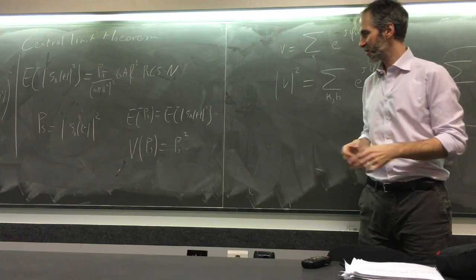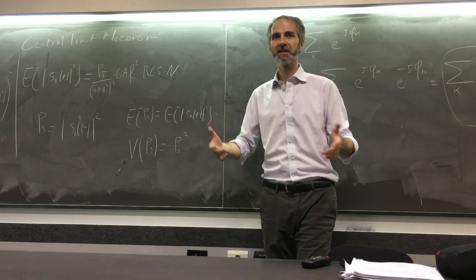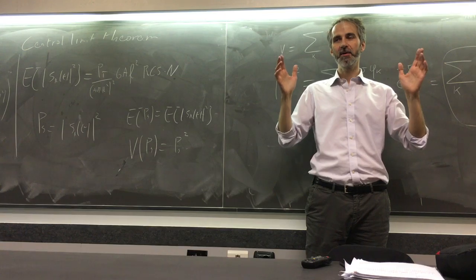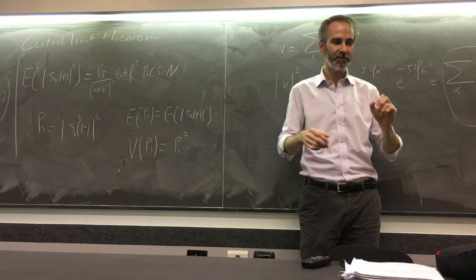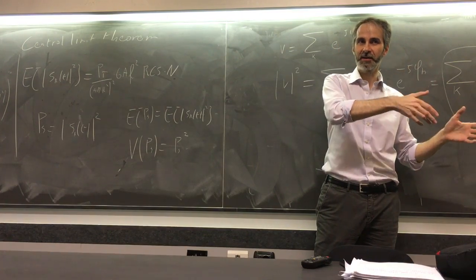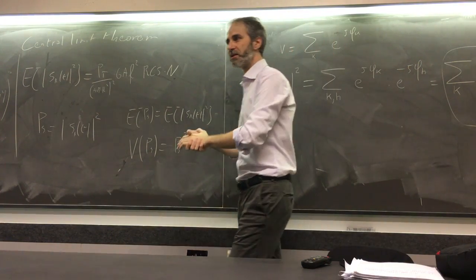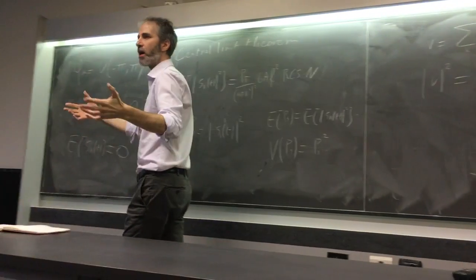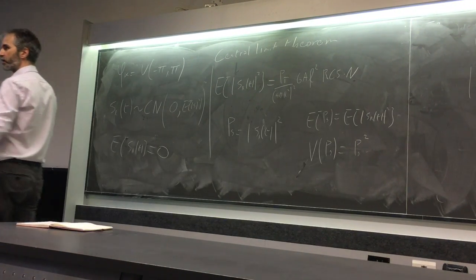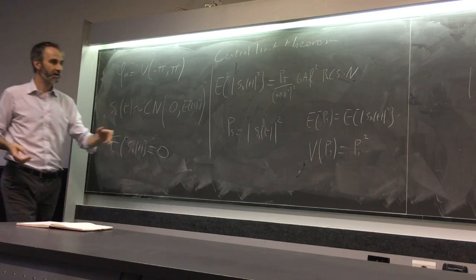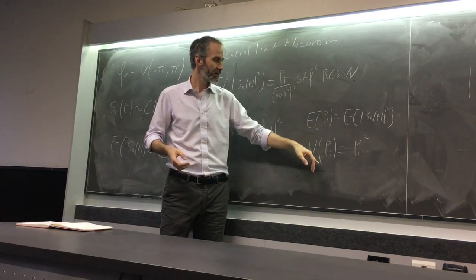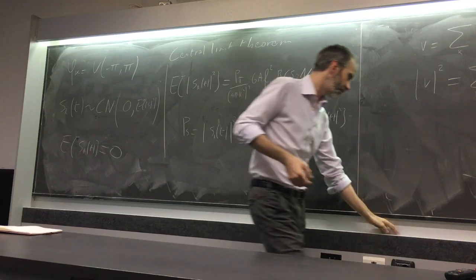So this means that your signal is random. You can as well get a 0, even if you have a target. If you get a 0, you also get 0 power, because 0 squared is 0. And so when you evaluate the power, you again have oscillations, and this is the variance of the power.